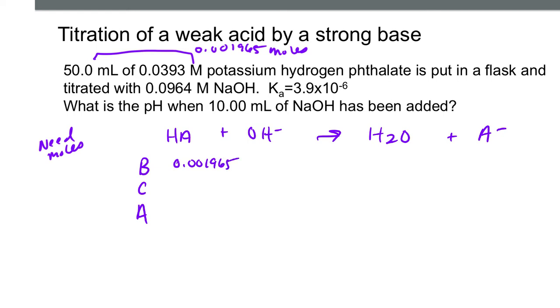Ten milliliters of 0.0964 molar is going to give us 0.000964 moles of OH minus. Okay. So we can subtract 0.000964 from the reactants and add it to the A minus product.